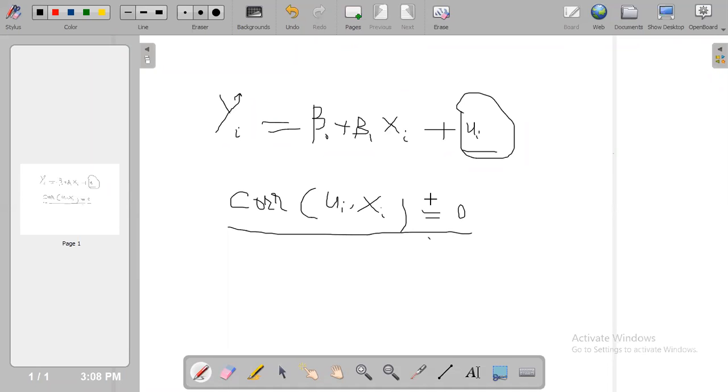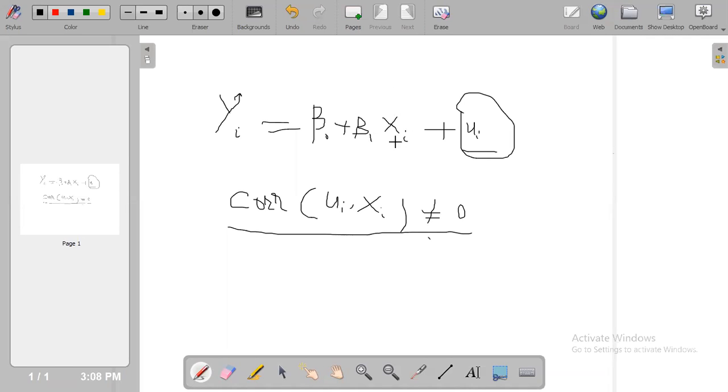If this assumption is violated later on, for example, if the correlation between ui and xi is not equal to 0, what would it mean? It would mean that there are some other explanatory variables which are part of the disturbance term, which have some correlation with the included variable x.